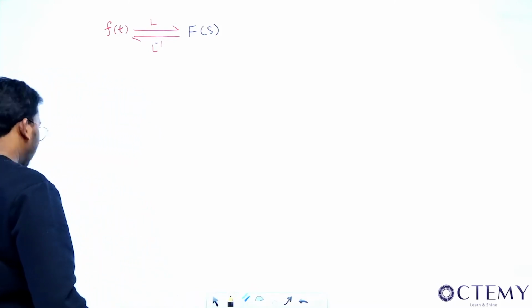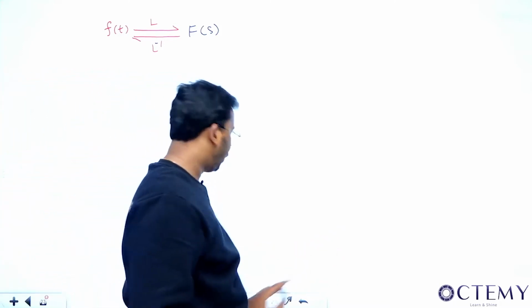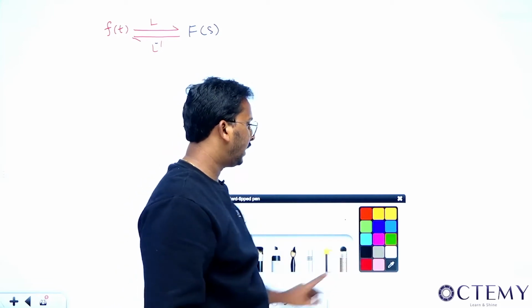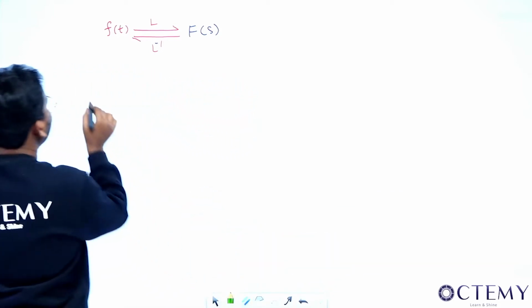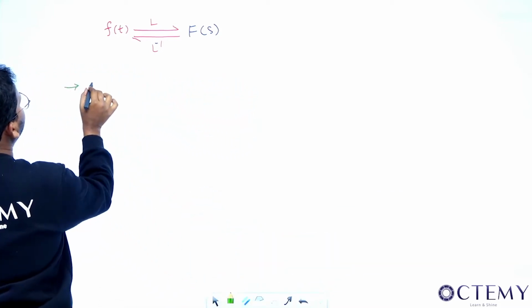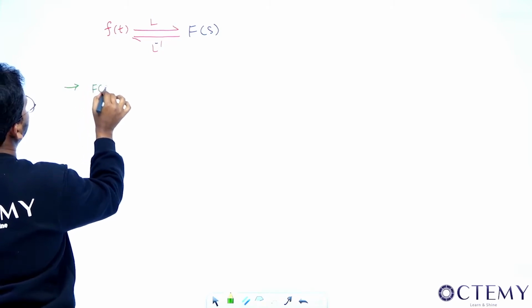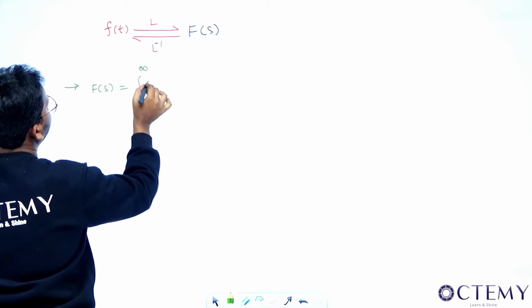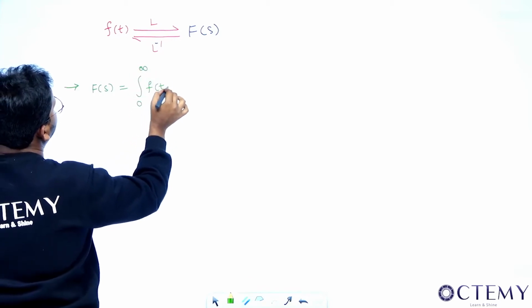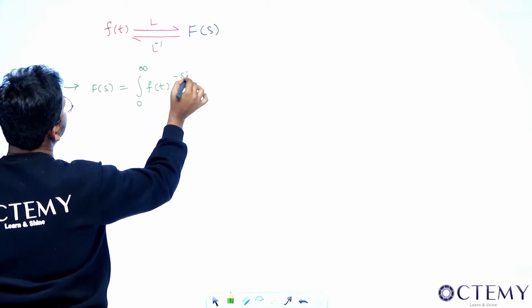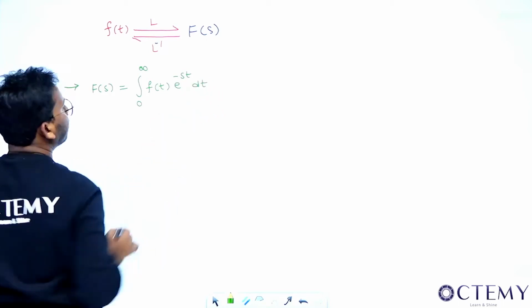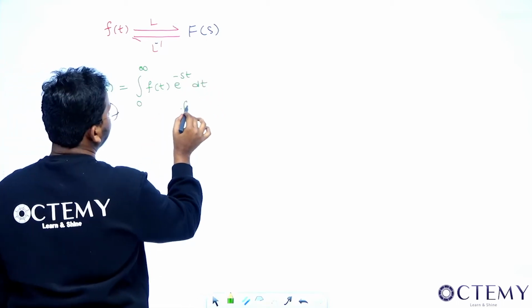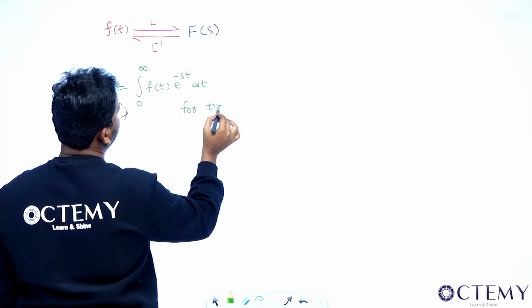Now let us see the basic formula used to convert any time domain signal into a Laplace domain signal. You have to remember this. F of s is equal to the integral from 0 to infinity of f of t into e power minus st dt, for causal systems, that is t greater than or equal to 0.